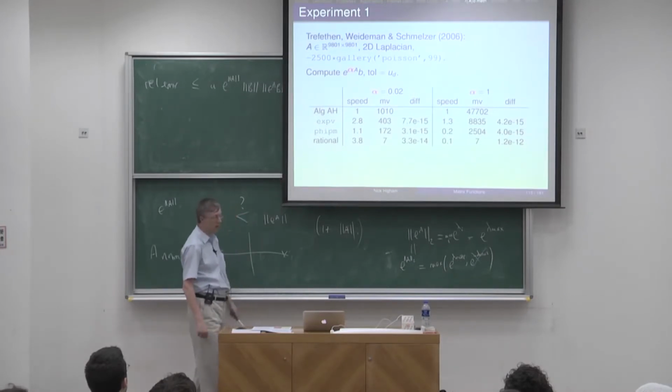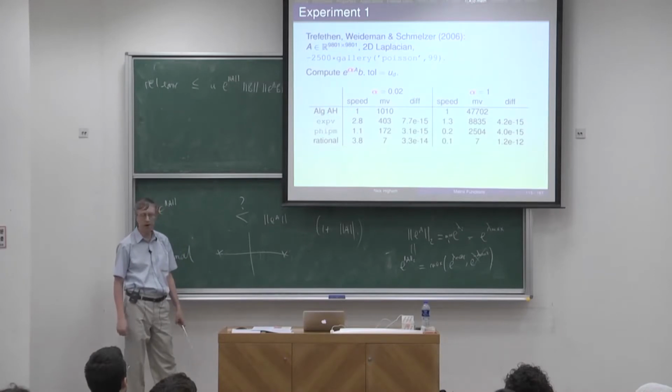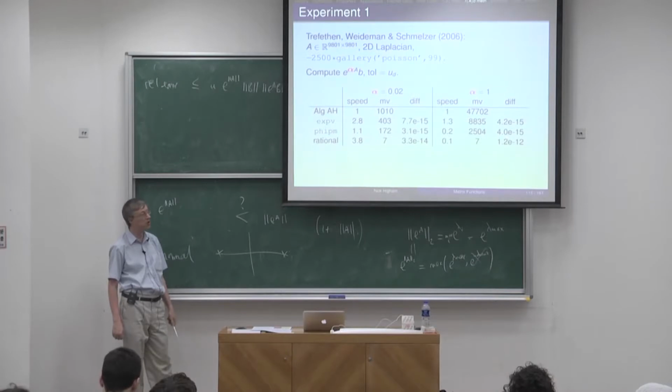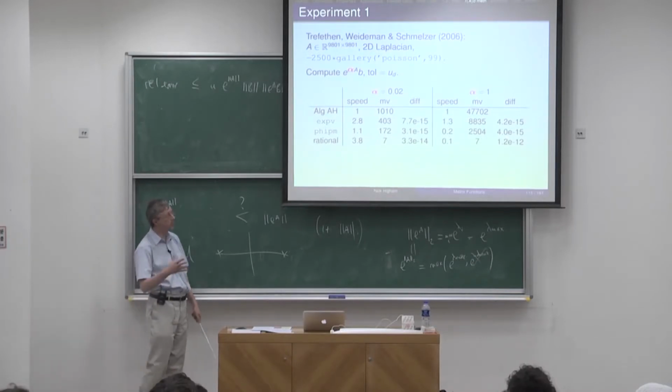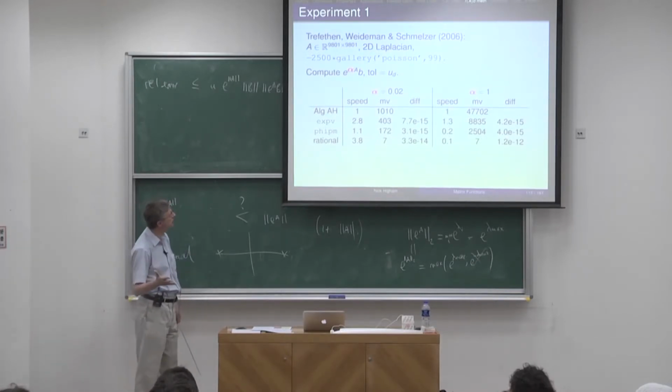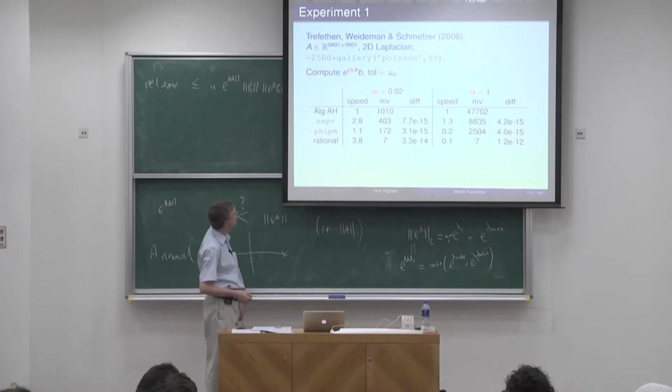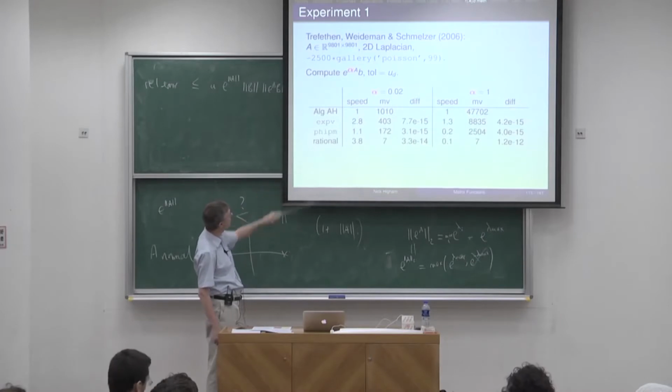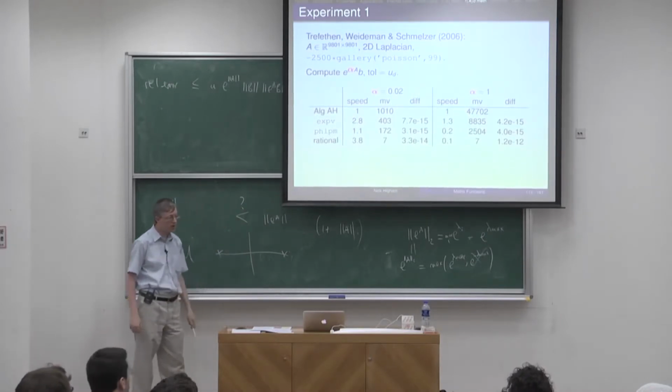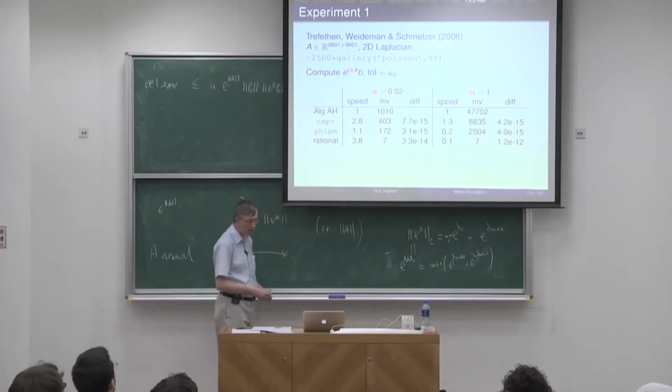Phi-PM is a code by Niesen and Wright that accumulates linear combinations of phi functions. But it can certainly be used also just to get e to the A times a vector as a special case. That's in MATLAB. And this is a MATLAB implementation of a method by Nick Higham based on rational approximation.